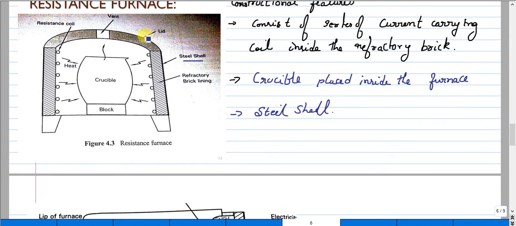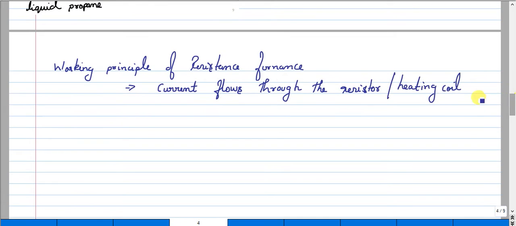So let me show. If you see the sketch, this is the cut section. It will be circular in nature. If you have noticed the winding, the coil will be in this format.